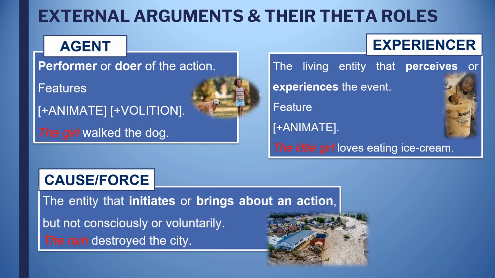The sentence, "The rain destroyed the city," has a cause or force as its external argument. As you can see, it cannot be an agent because there is no volition or animacy. And here, it is just a non-animate entity that initiates or brings about an action, but not consciously or voluntarily.